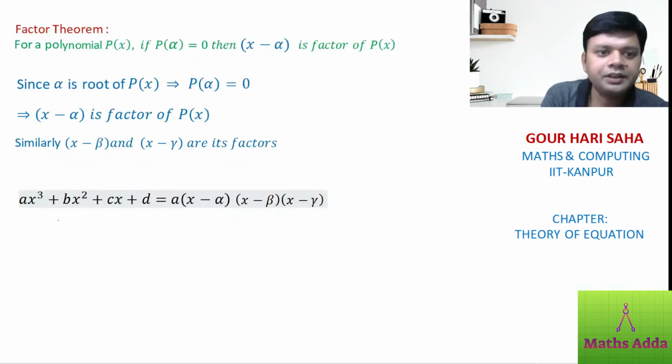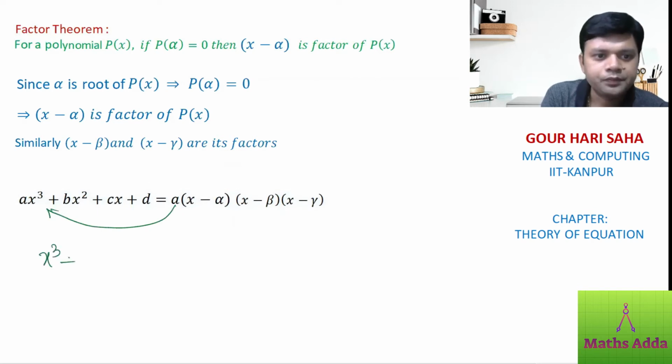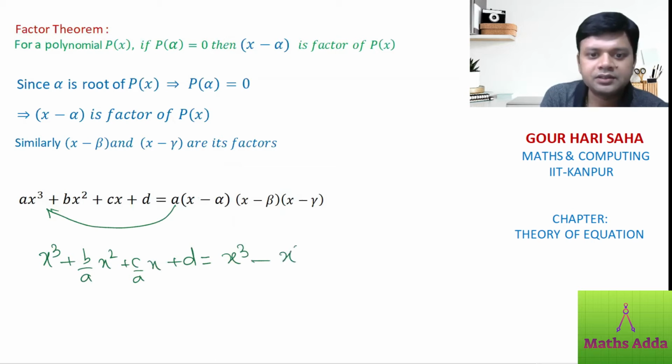Now let's move ahead. I bring the a to this side, so this becomes x cube plus b by a x square plus c by a x plus d by a equal to, and on this side, if you multiply them, it will be x cube minus x square times alpha plus beta plus gamma. I am writing the simplified form.